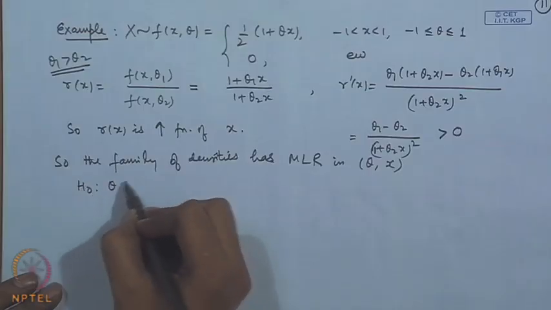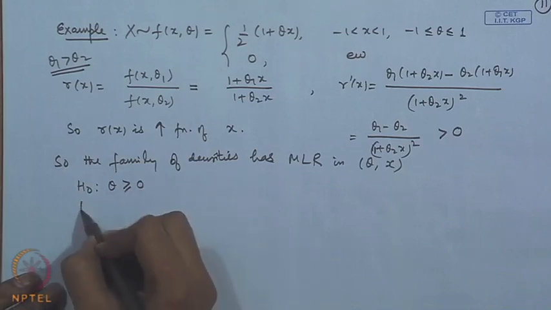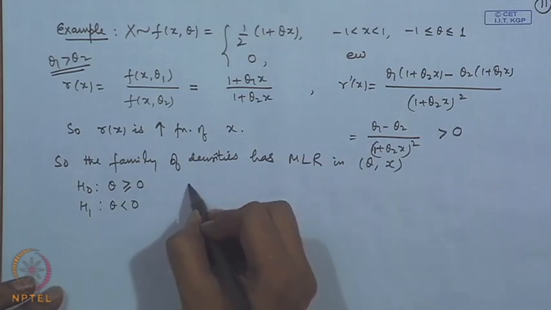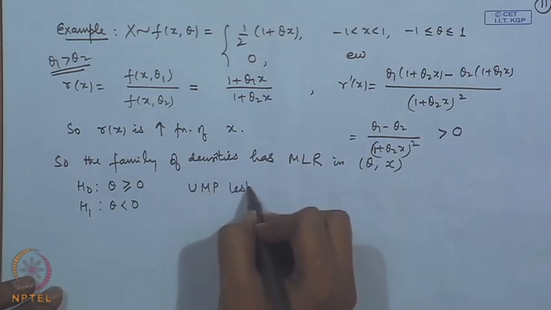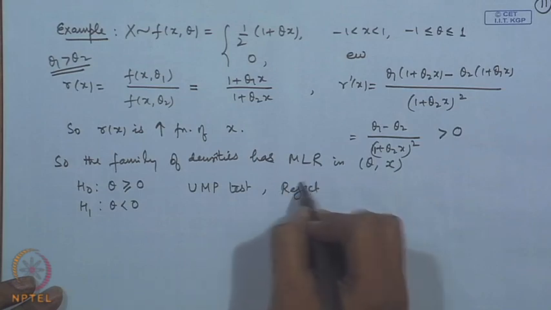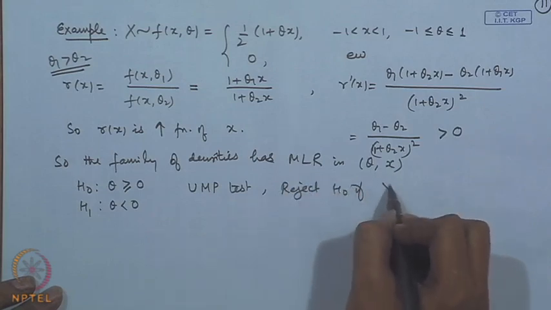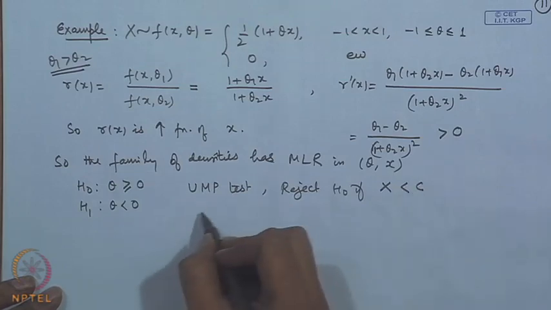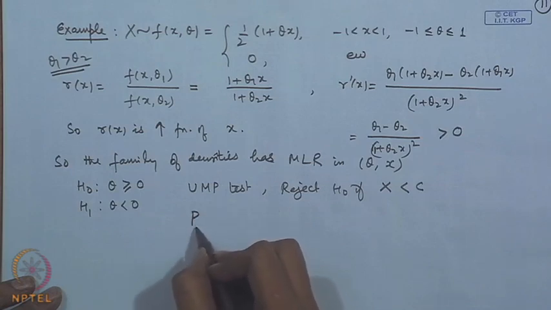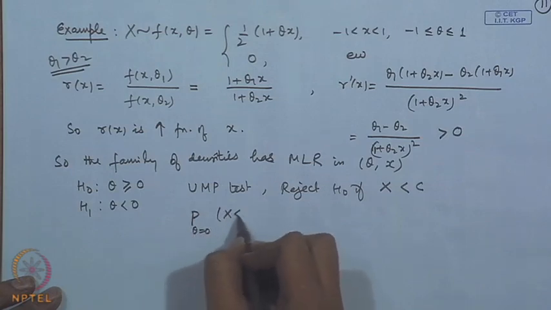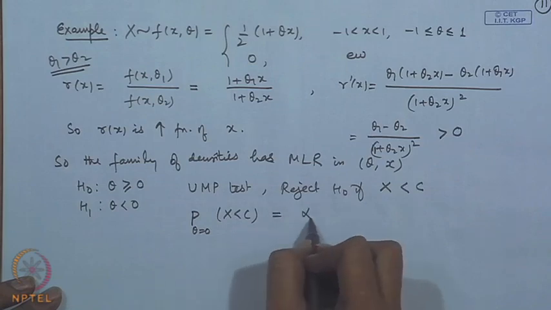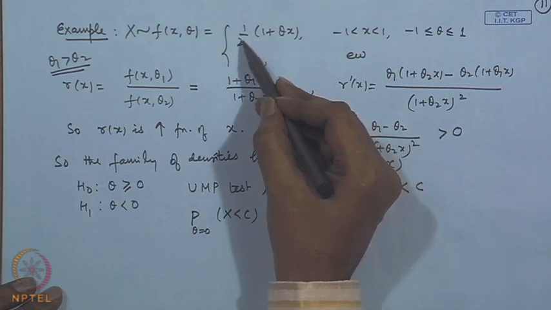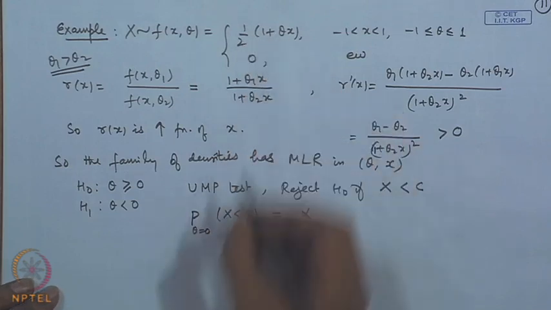Suppose I consider one sided testing problem, theta greater than or equal to 0 against say theta less than 0. So, UMP test will be reject H naught if x is less than c, and c is determined from the size condition. So, probability of x less than c when theta is equal to 0, this should be equal to alpha. Now, when theta is equal to 0, the density will become half, that is simply the uniform distribution.